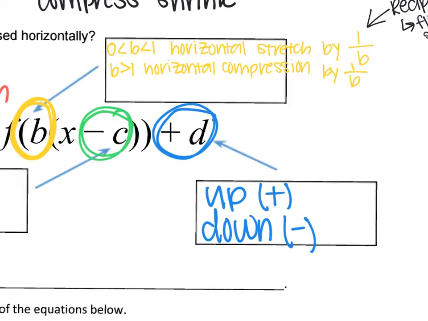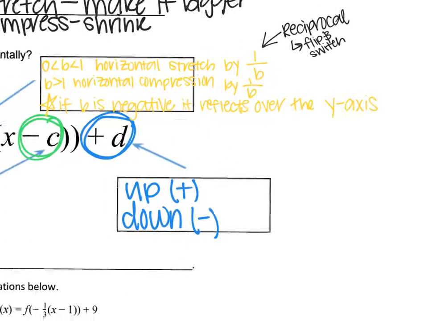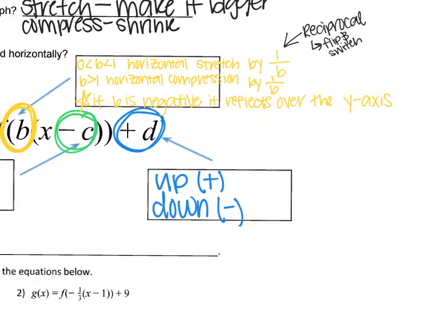And also a good thing to remember, just like A, if B is negative, it reflects over the y-axis this time. So x-axis was for A, y-axis is for B.